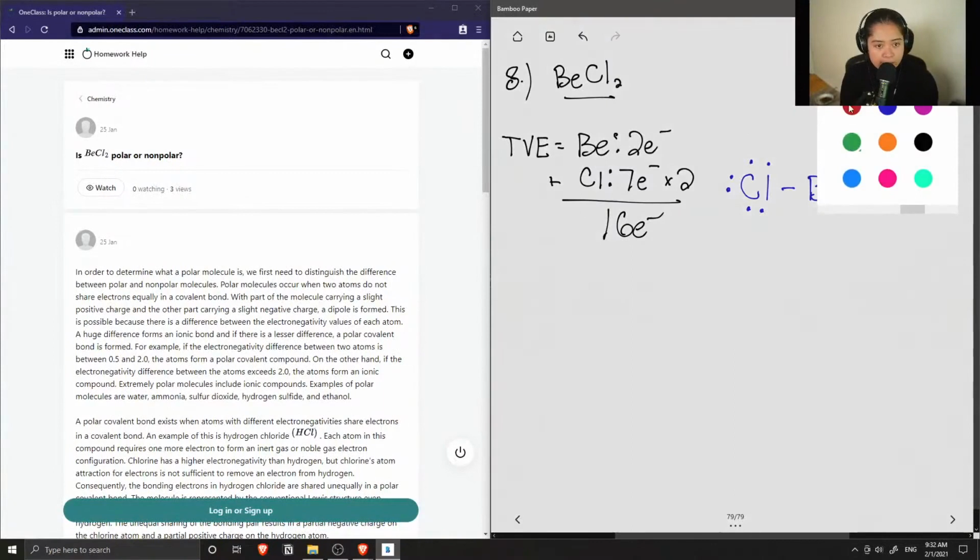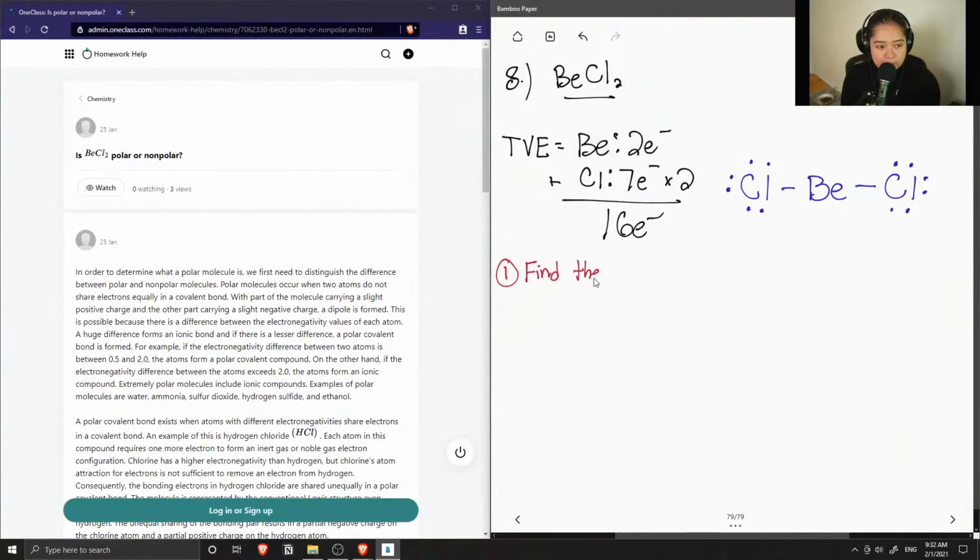So to find out whether or not this molecule is polar or nonpolar, step 1 would be to just find the difference in electronegativity.